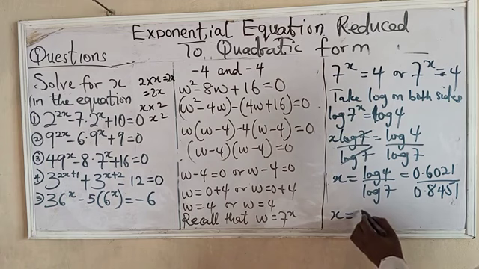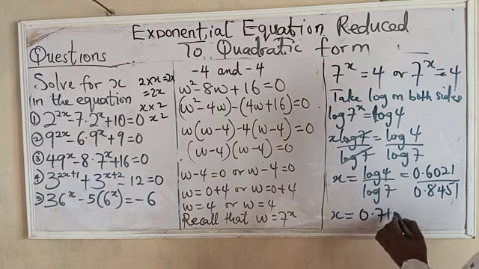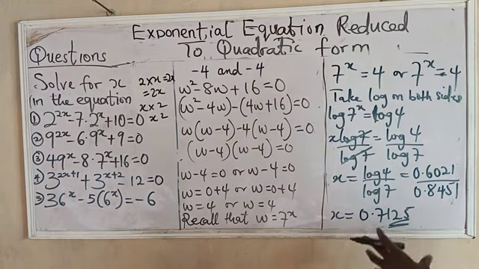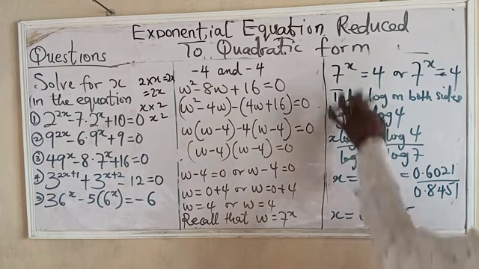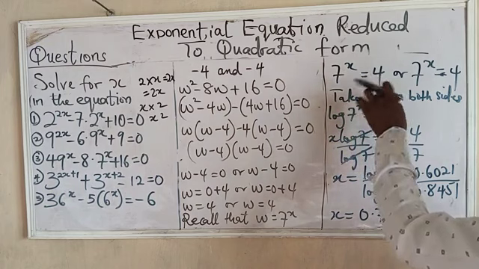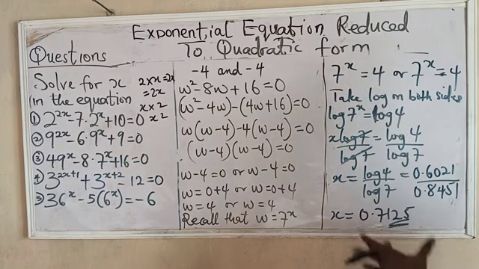Then my answer is 0.7125. So this is the value of my x. So at this juncture, if I put the value of x to be 0.7125 in this equation, I should be having 4, or approximately 4.